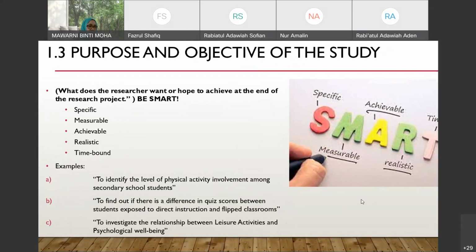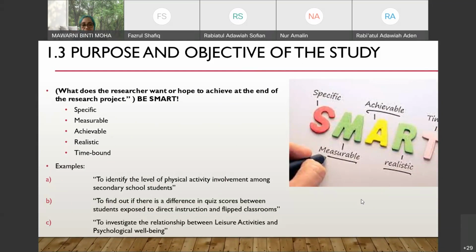So how can you be more specific here? It means it is focused. Specific means focus, because research objectives outline the specific steps that you will take to achieve your research aim. Aims or purpose is a bit general.